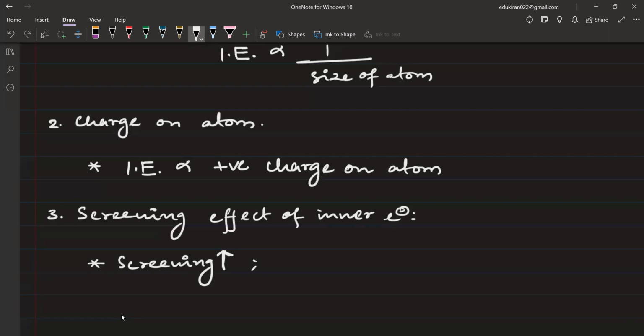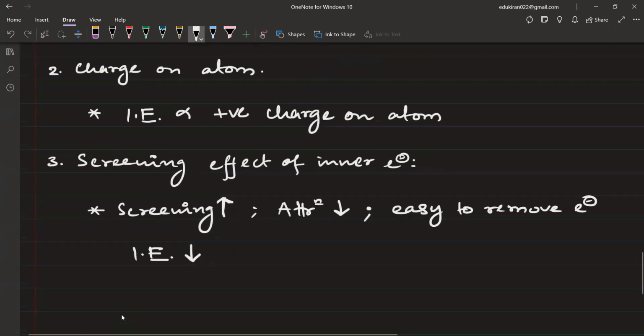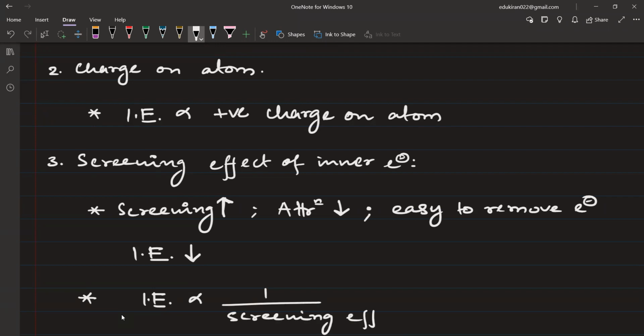If the screening increases, attraction will decrease. And if the attraction is decreasing, that means it will be easy to remove the electron. And if it is easy to remove the electron, then we can say that ionization enthalpy is going to decrease. We will require less energy, less ionization enthalpy. And hence I can write: ionization enthalpy is inversely proportional to screening effect.